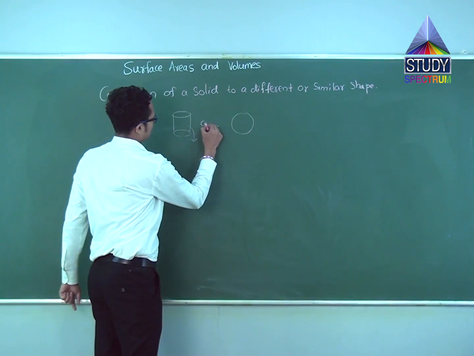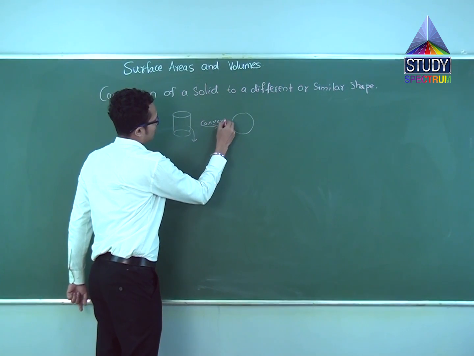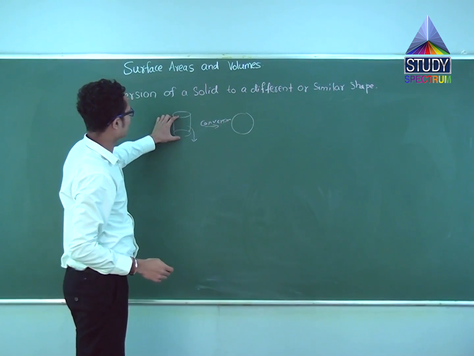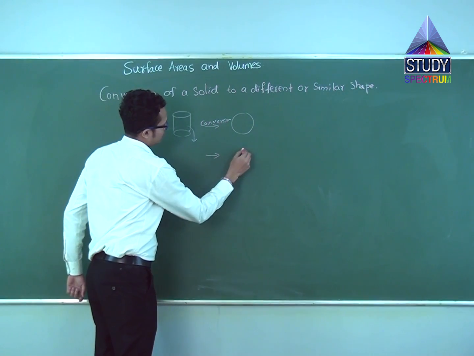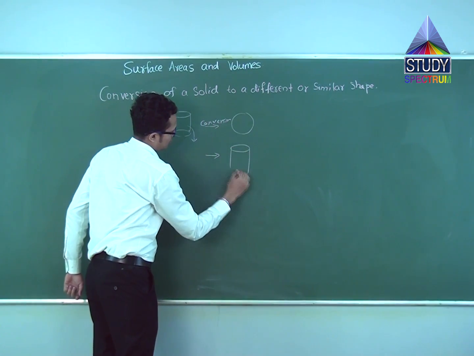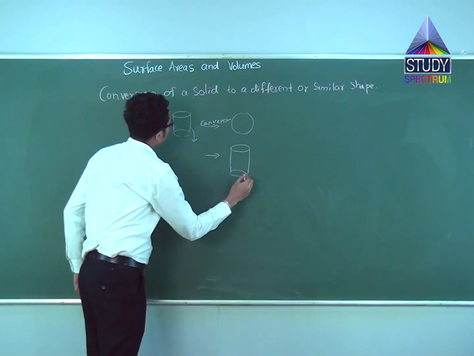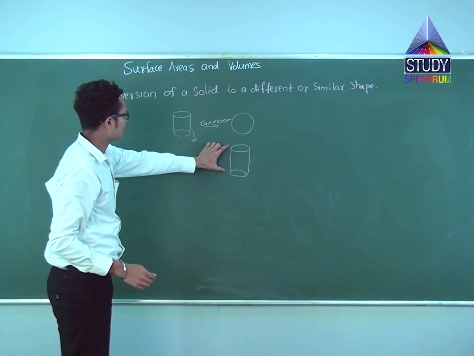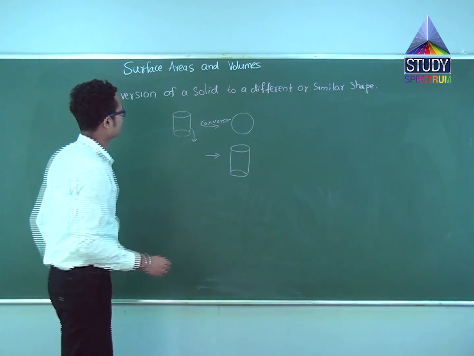So that is conversion. I could also melt this and add some more material to enlarge or magnify this object, which was smaller in size before. Now it has grown by some size or factor.